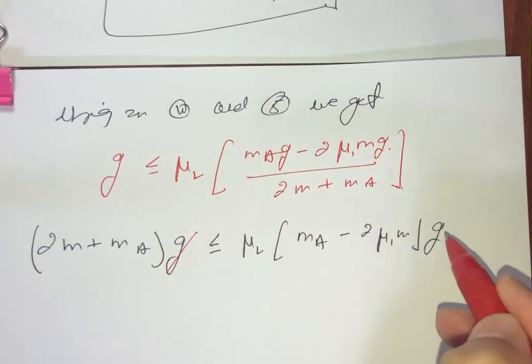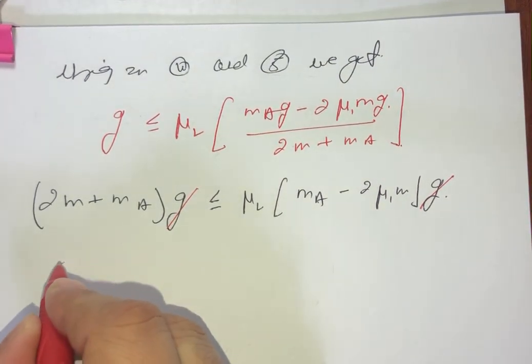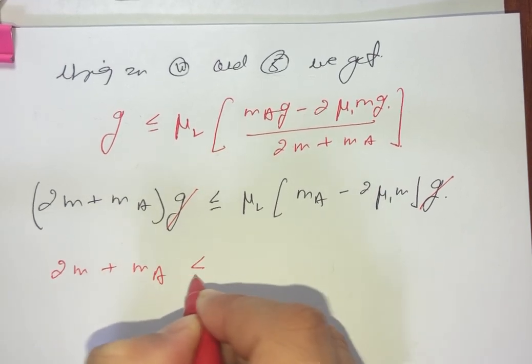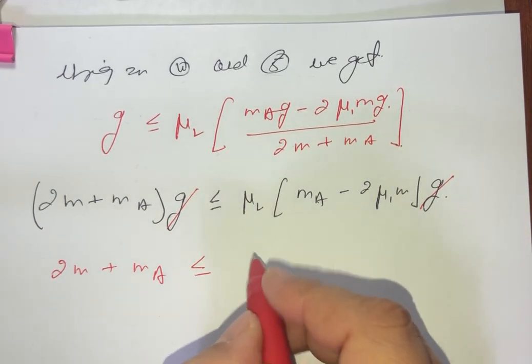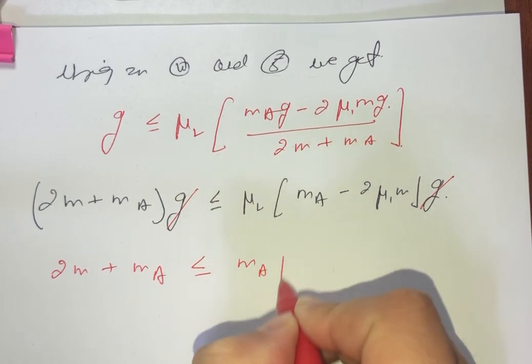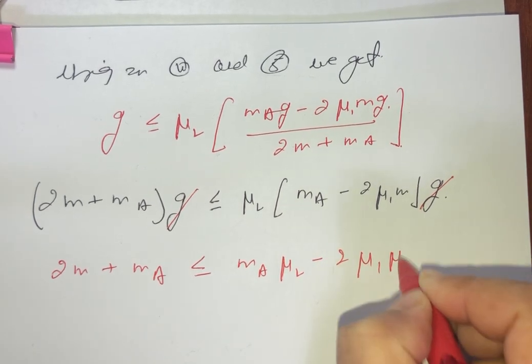Here g cancels out with g, so we get here 2m plus MA less than equal to, we open this bracket also, we get this as MA mu2 minus 2 mu1 mu2 m.